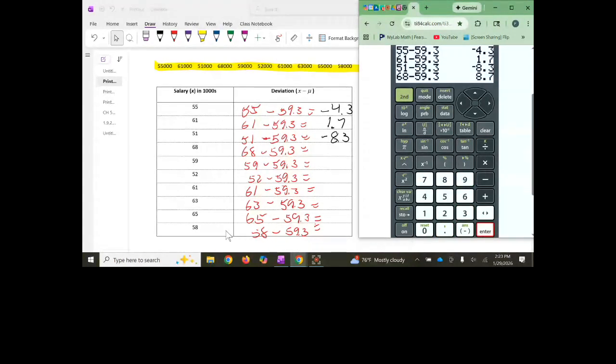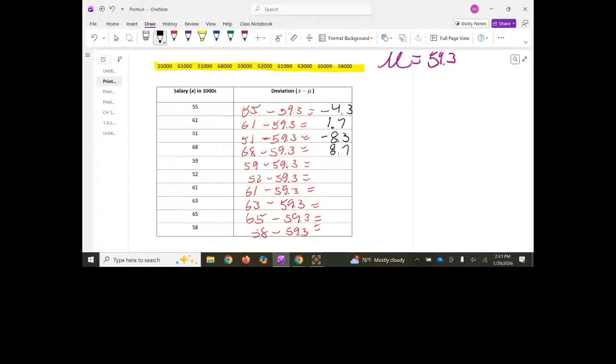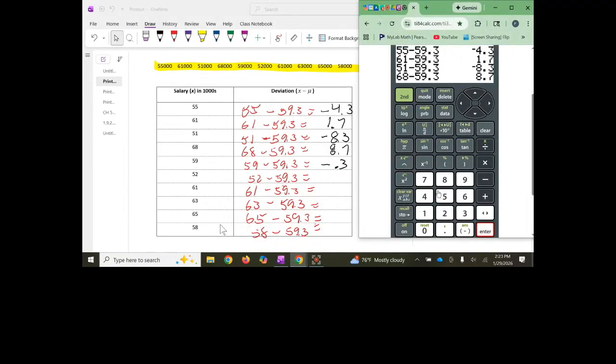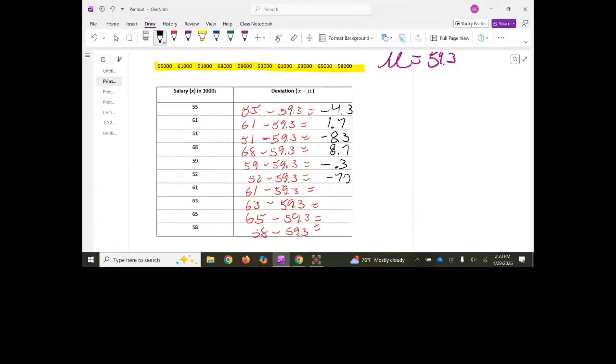8.7. 59 minus 59.3 should be a negative 0.3. All right, that one I can do in my head. Okay, 52 minus 59.3, negative 7.3. Oops, sorry, 7.3. Okay.